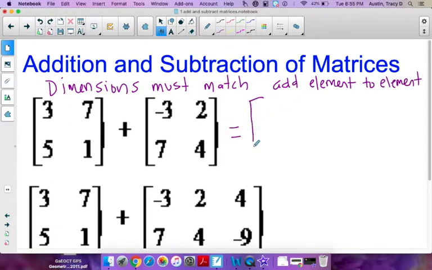So whatever is in the same place in one matrix gets added to the same place in the other matrix. So as an example, for number 1, this one is in the first row in the first column, this one is in the first row in the first column, so those get added together. So that's 3 plus -3, and the answer would be 0.